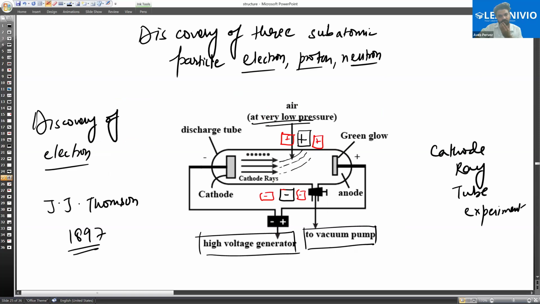He basically explained that Rutherford failed to explain the stability of an atom. What kind of stability? He said that the electrons which are revolving constantly would lose energy by emitting radiation.